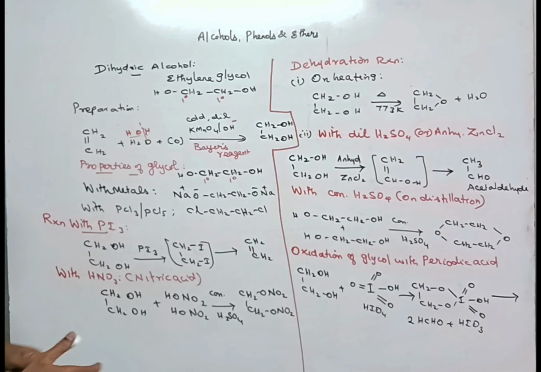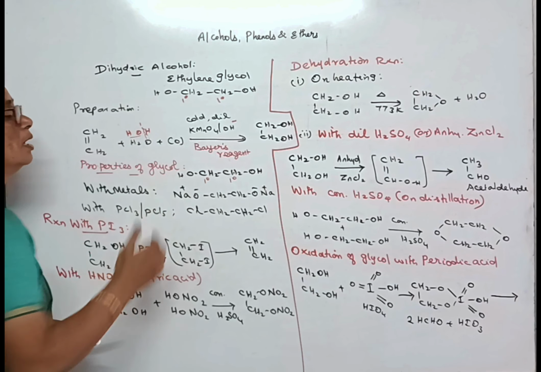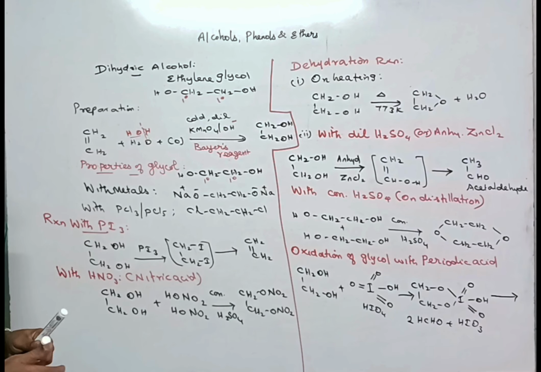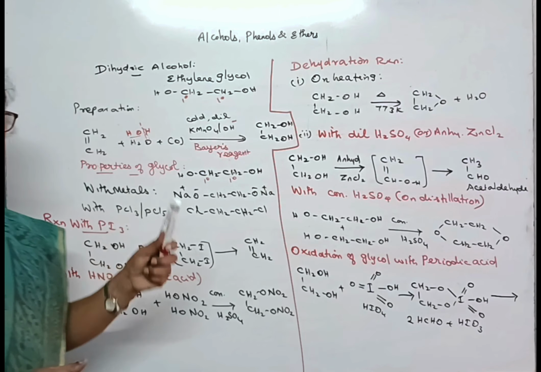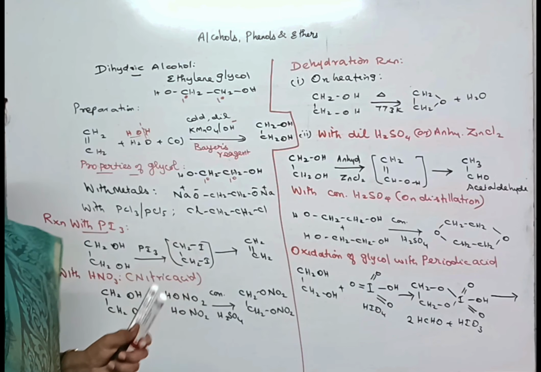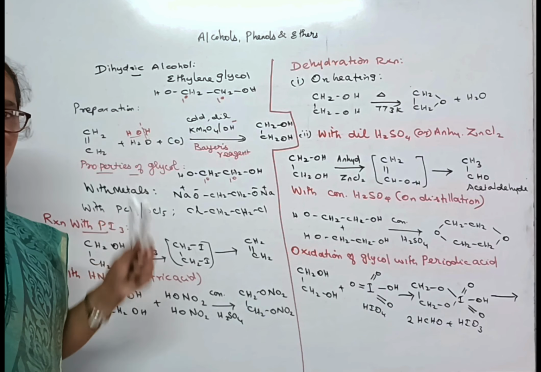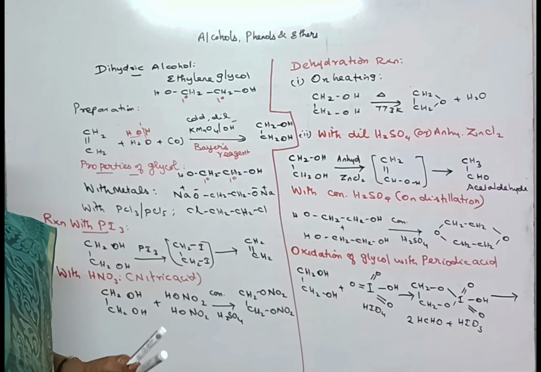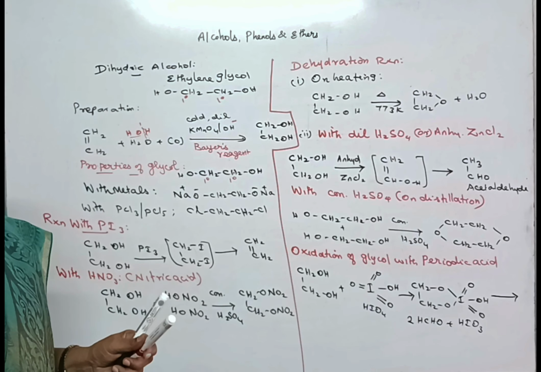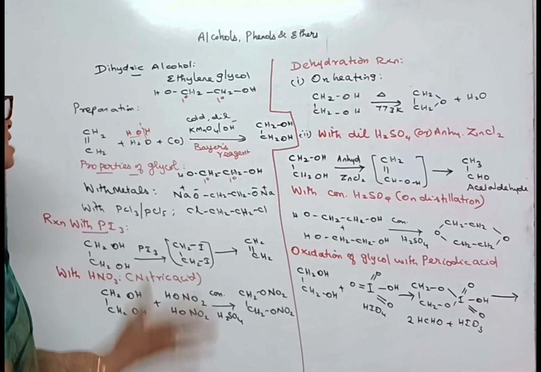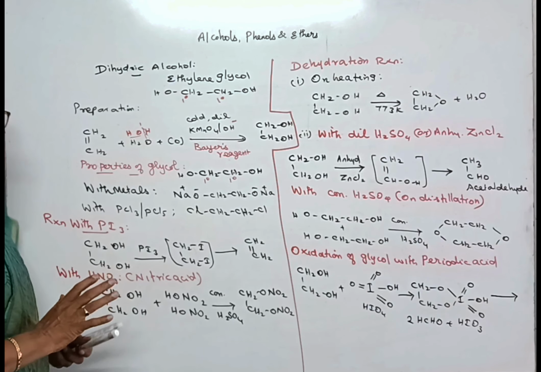What are the properties of glycol? As I said, it has two primary alcoholic groups. Primary alcohol will react with sodium metal, where hydrogen is displaced. Also, it reacts with thionyl chloride, phosphorus trichloride and phosphorus pentachloride. Such reactions can also be observed in ethylene glycol.